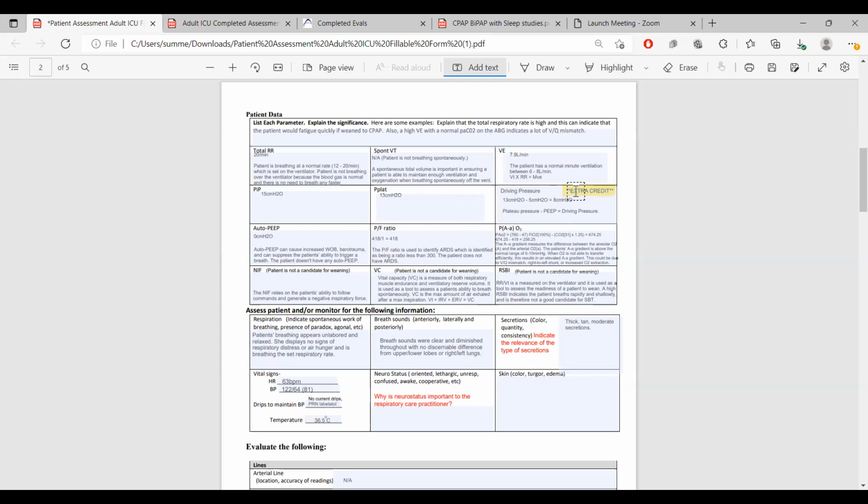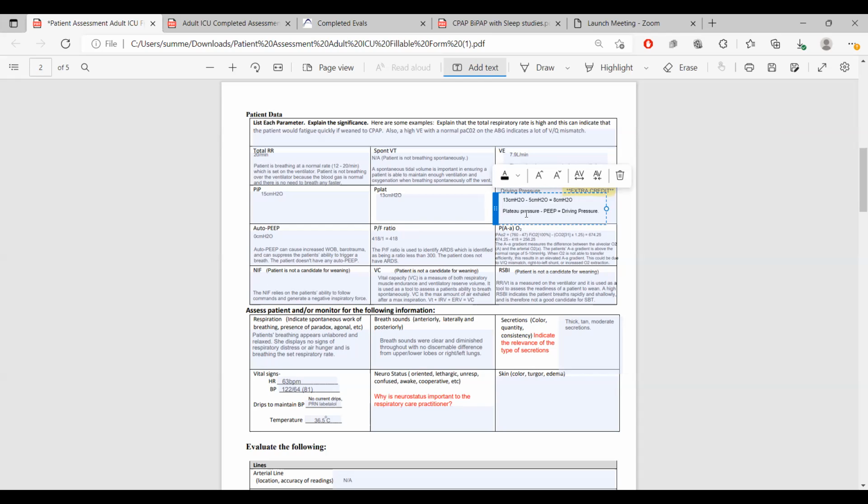And then the driving pressure. Yes, thank you for the reminder. I did my research on driving pressure, but I totally forgot why it is significant. I know in my research I found out it's almost better to use driving pressure rather than using PEEP or peak inspiratory pressure, because there are better mortality outcomes when using the driving pressure.